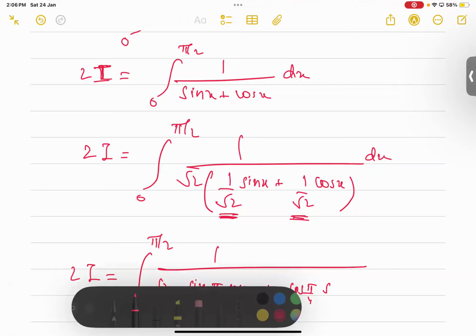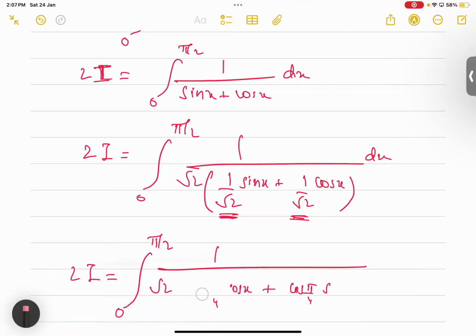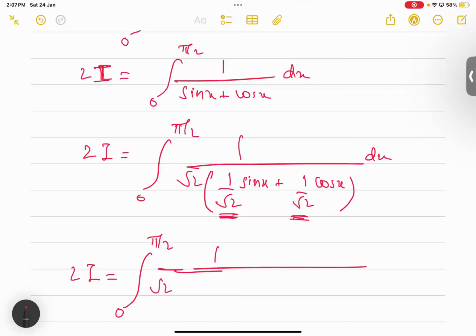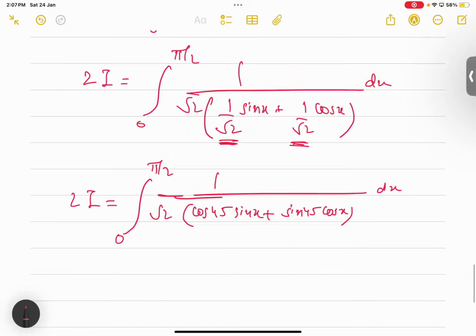You can also take sine, that's not a problem at all. So cos 45 sin x plus sin 45 cos x. You can also write pi by 4, that's not a problem.